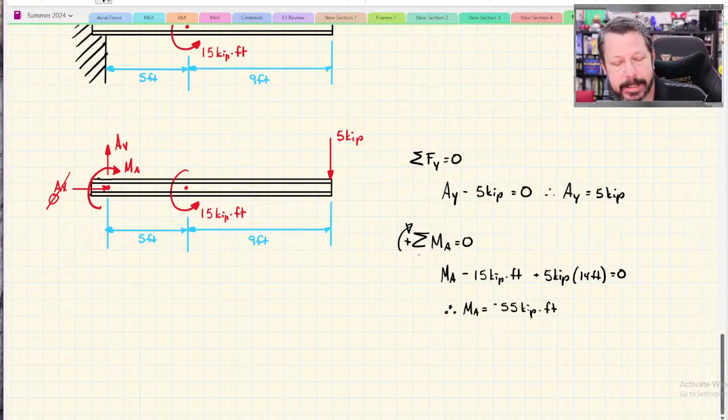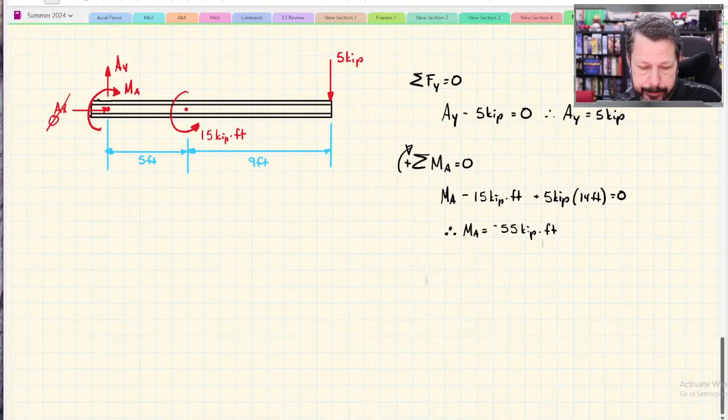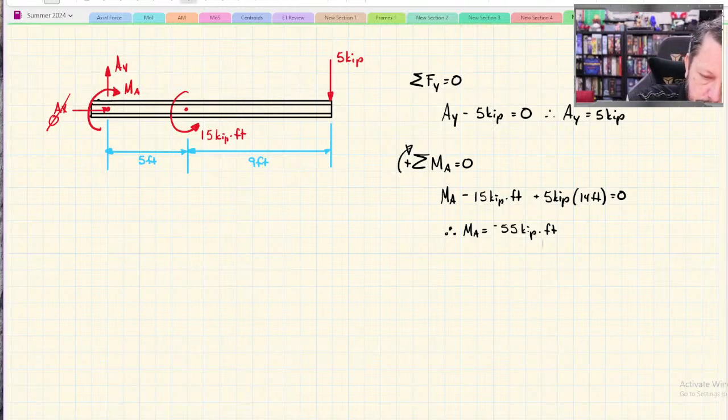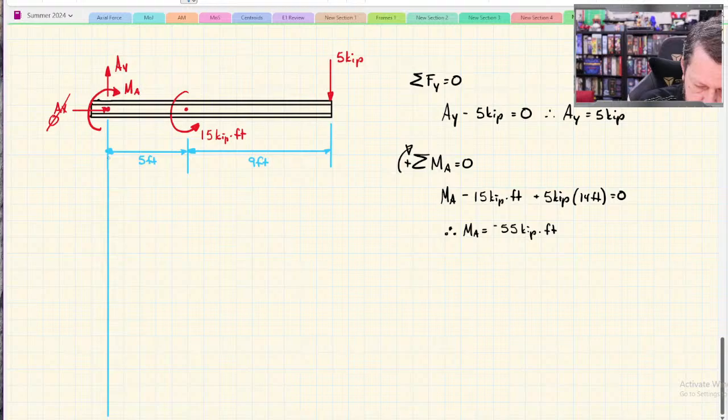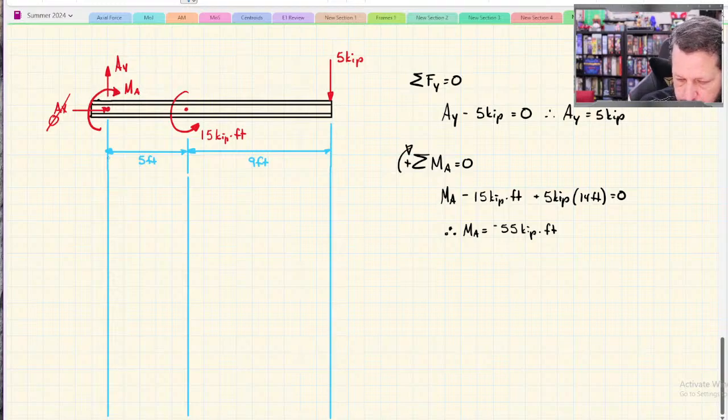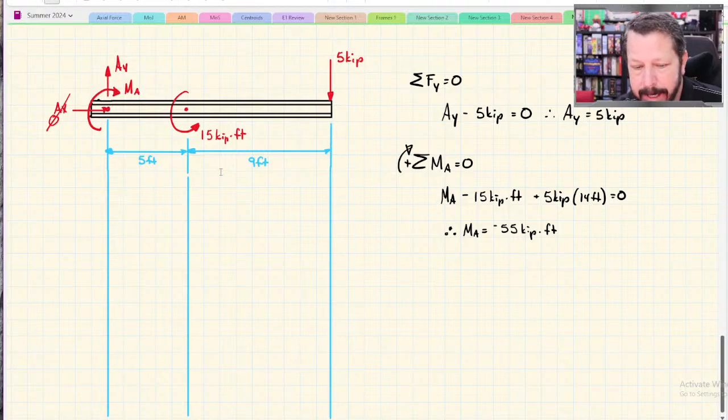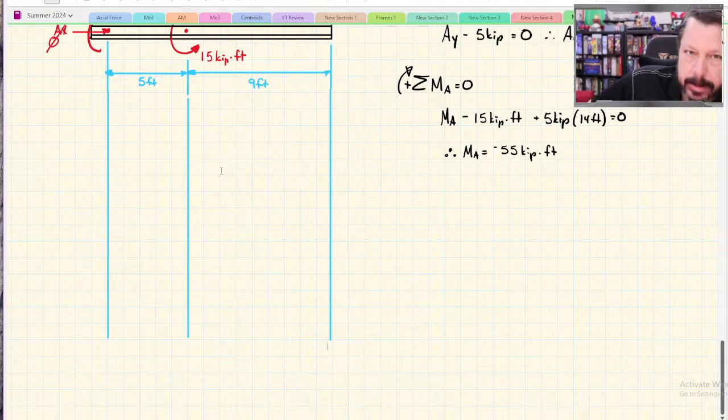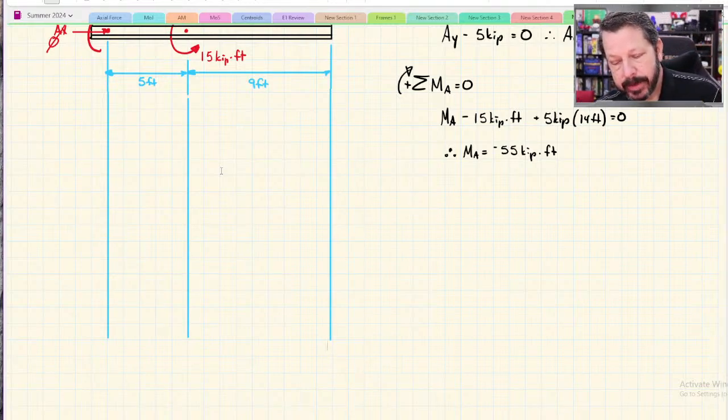So the negative means that I drew the MA going the wrong way. All right. Let's draw our reference lines here. Again, we don't have to actually draw the shear and bending diagram. Once we found that MA is 55 kip feet, that's our maximum moment, or negative 55.